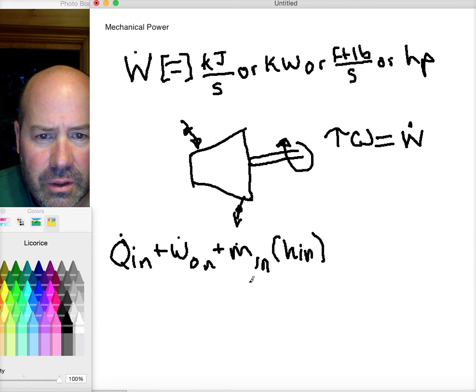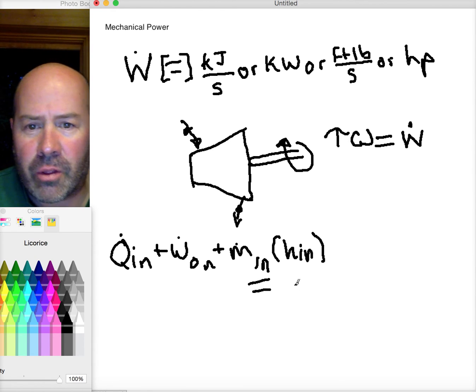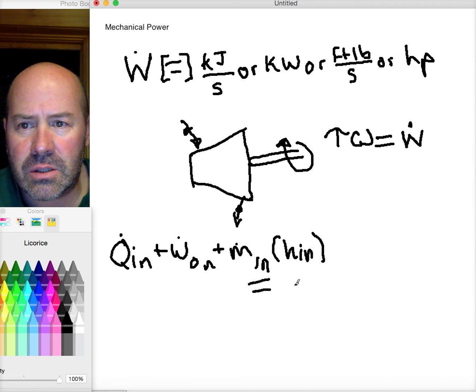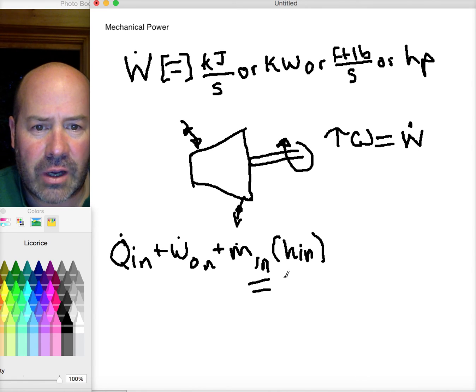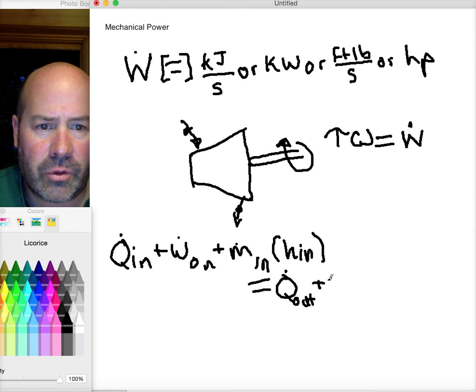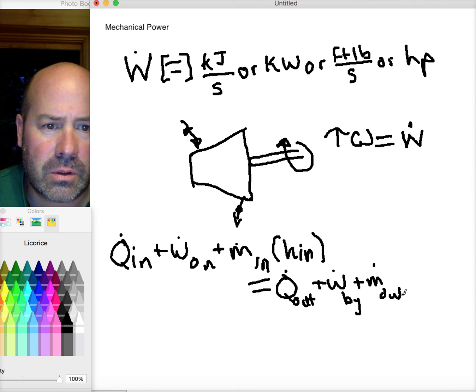Equals, now this is the same way I did it in the last one, except I put all the ins as pluses, all the outs as minuses, and set it equal to 0. Now I'm going to put all the ins on the left and all the outs on the right. Q dot out, W dot by, M dot out, H out.